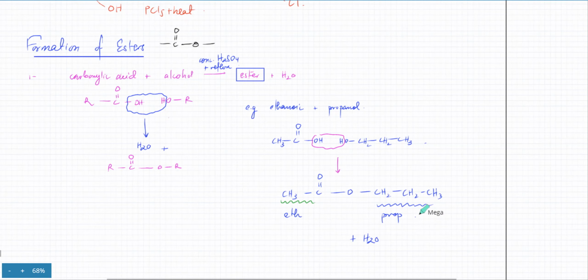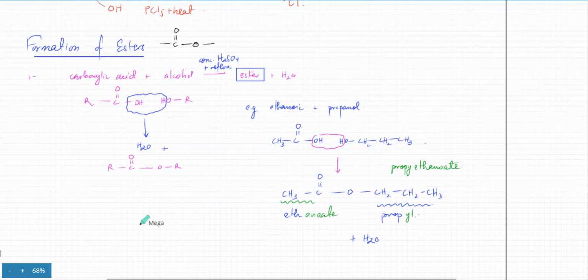For the double bond O side, it's going to end with oate. And for the single O side, it would end with yl. So this one would be propyl ethanoate. Just remember the OH side is the double bond O side and the yl side is the single O side. So that is how you learn how to name esters.